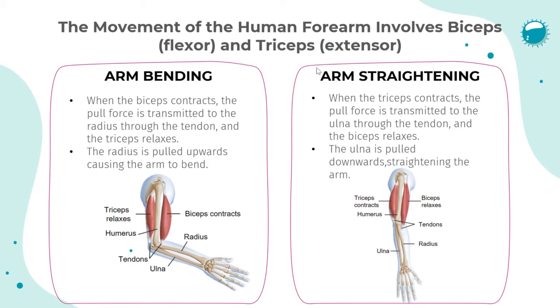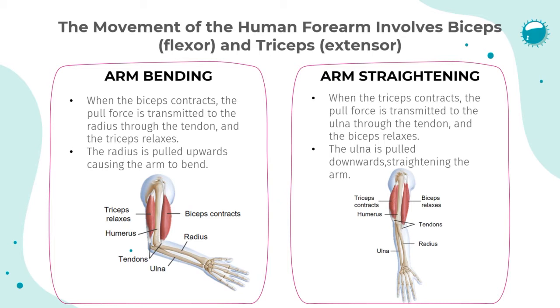Make sure you know the concept of flexor and extensor. Again, I repeat, what is a flexor? Flexor refers to the muscle that causes the bending of the limb, the bending of the forearm, the bending of the leg.